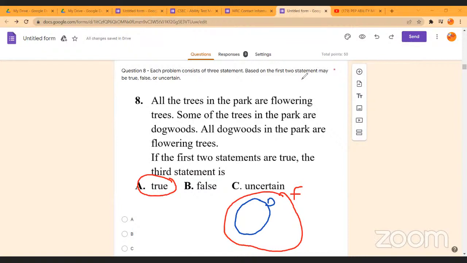All right. Now read the next statement for me. Tell me what the next statement says. All dogwoods in the park are flowering trees. All right. Is that true?